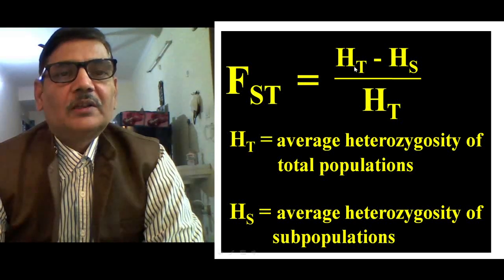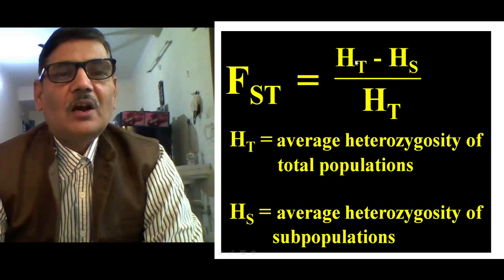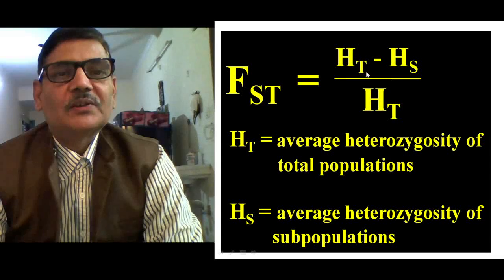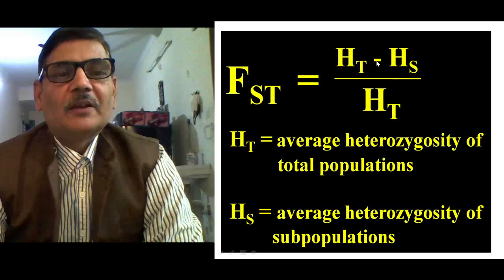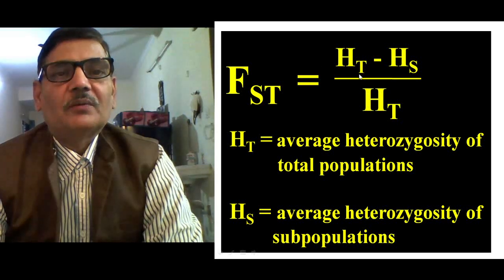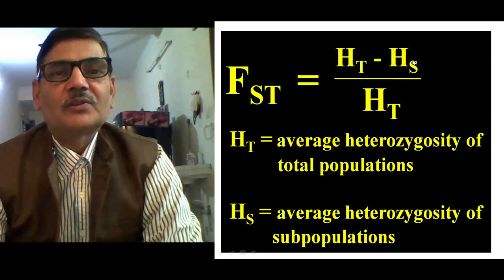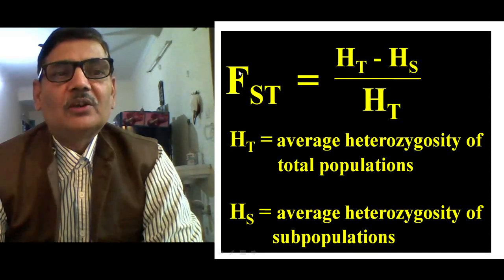HT is the average heterozygosity of all the populations being considered, and HS represents the average heterozygosity of subpopulations. So we first calculate the average heterozygosity of all the populations being considered for the study, then we calculate the average heterozygosity of subpopulations, and then putting the values of HT and HS, we can get the FST value.